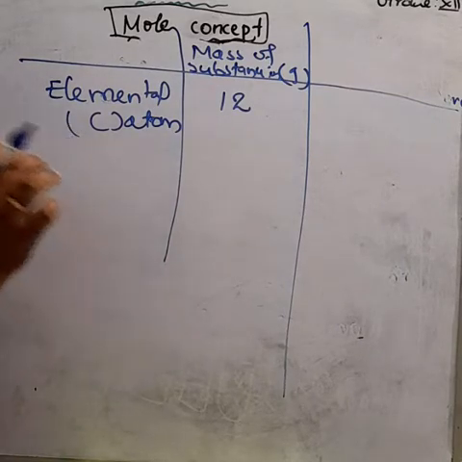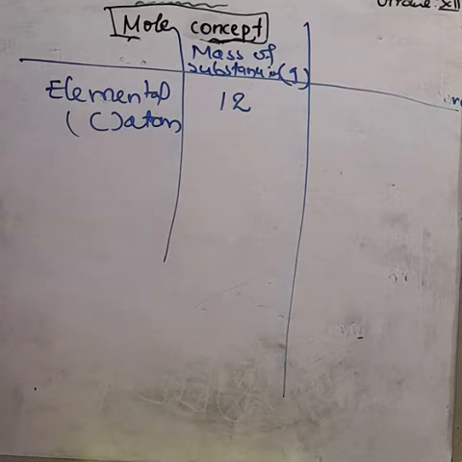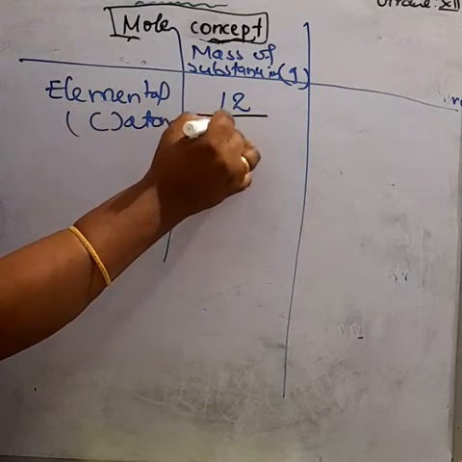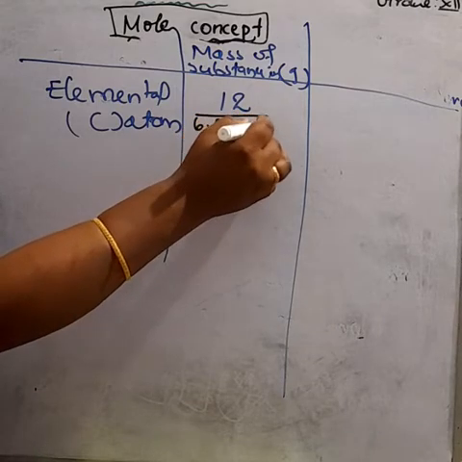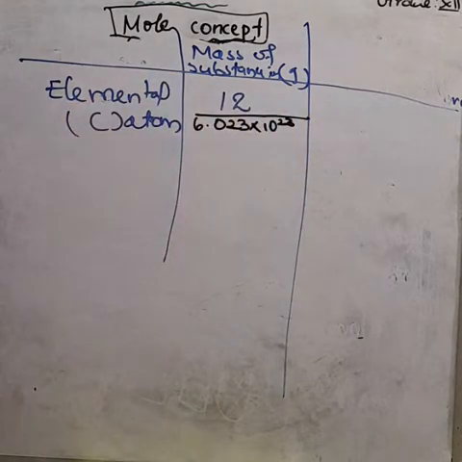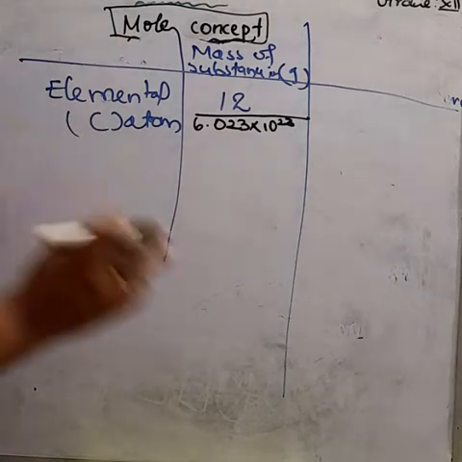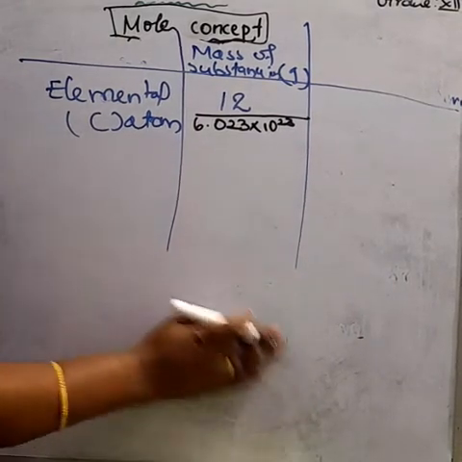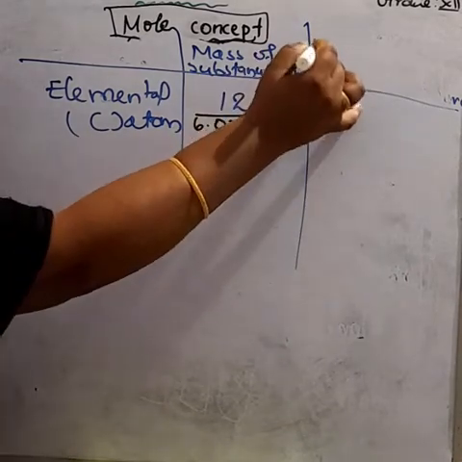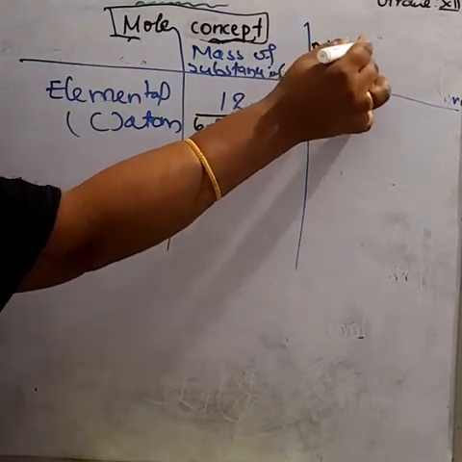For that, we can divide 12 by 6.023 into 10 power 23. By dividing the 12 gram, 12 by 6.023 into 10 power 23, we get the mass of the single atom.